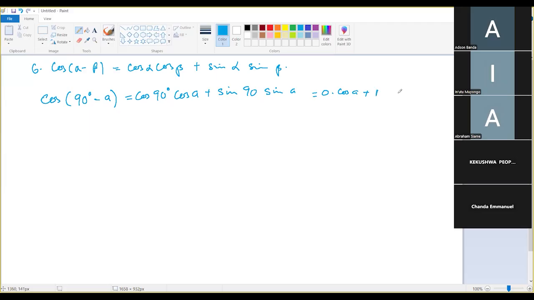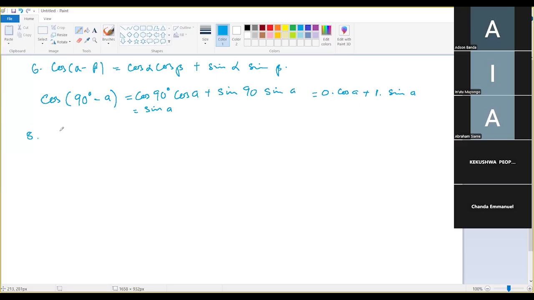That would be 1 times the sine A. Right, so in this case, you can see that what we get is just sine A. So this gives us another identity, which I'll call 8.